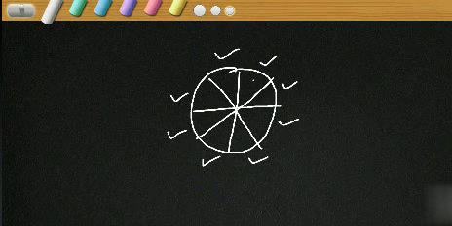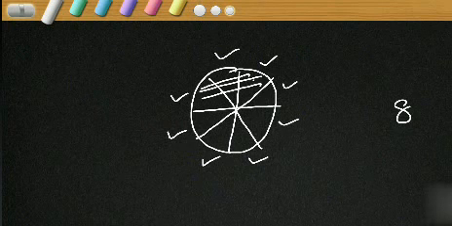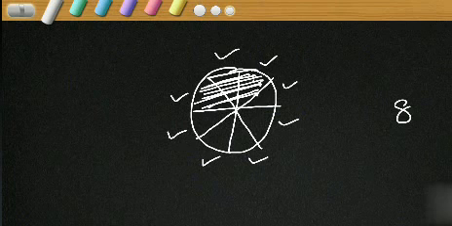We divide this circle into 8 equal parts, isn't it? And I shade these portions now. How many parts are shaded here?